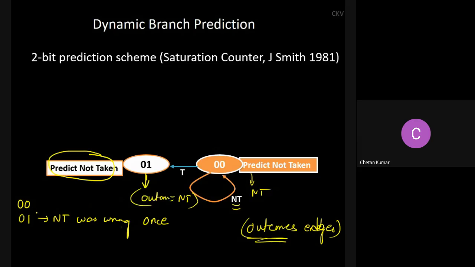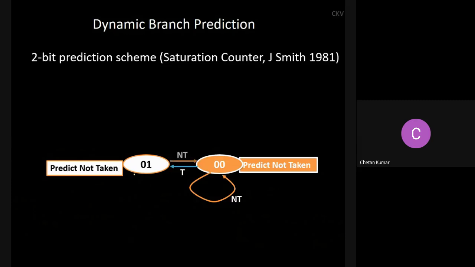I just told you, what does the 0, 1 state indicate? It indicates that my prediction of not taken was wrong once, but now it is again correct. If it is correct already, then I have to go back to my original state. So that is why here, if the outcome is not taken, I'll go back to the original state.